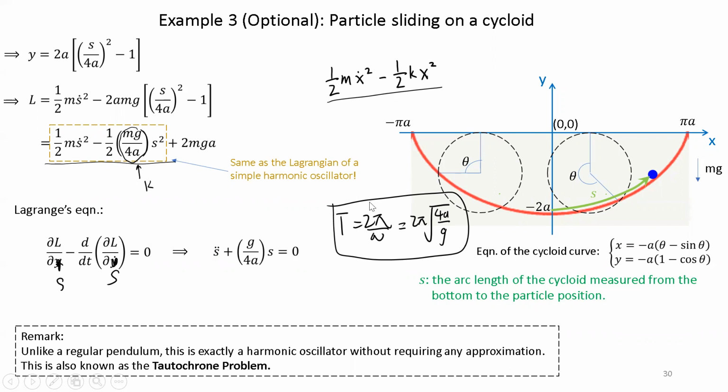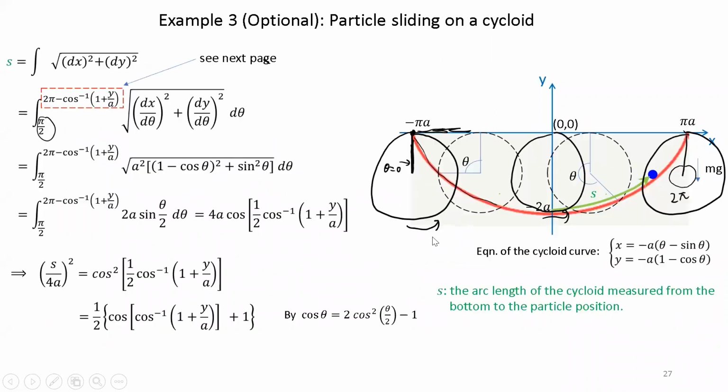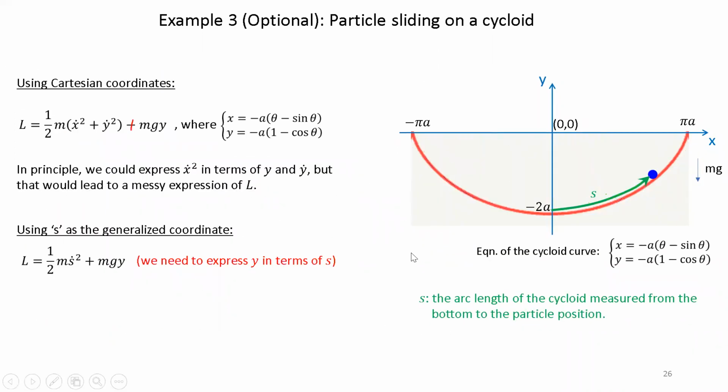Because of this equation, you can conclude that no matter what kind of amplitude you have, the period of oscillation is always this. Sorry, this is minus. Yeah, minus.